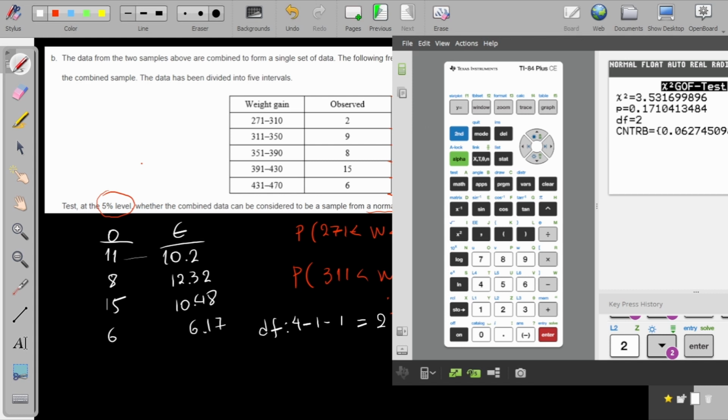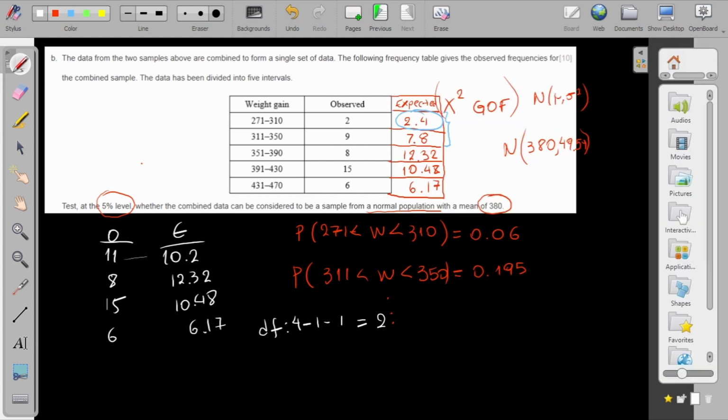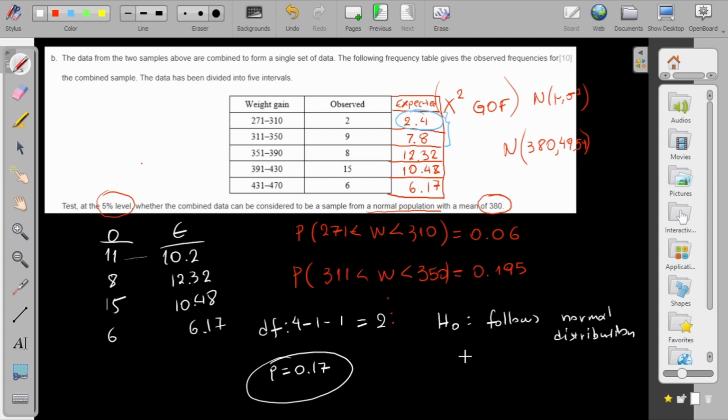What happens is that my p-value is 0.17. My null hypothesis is that my sample follows a normal distribution, and the alternative is that it doesn't follow a normal distribution.